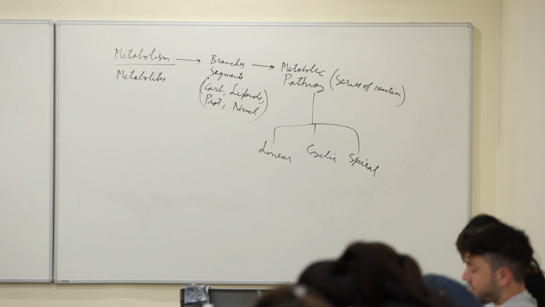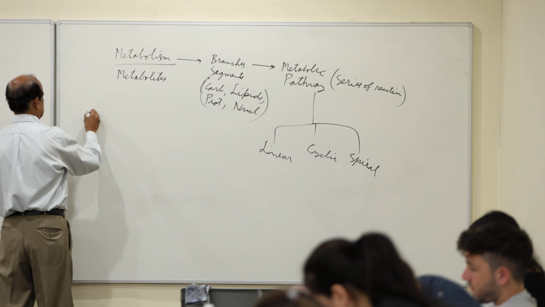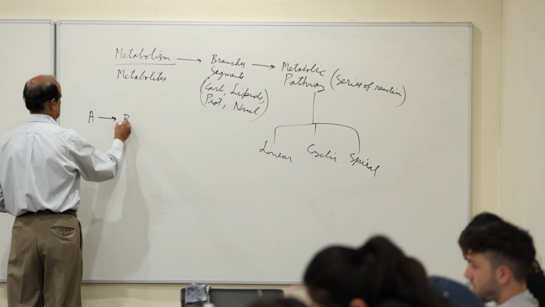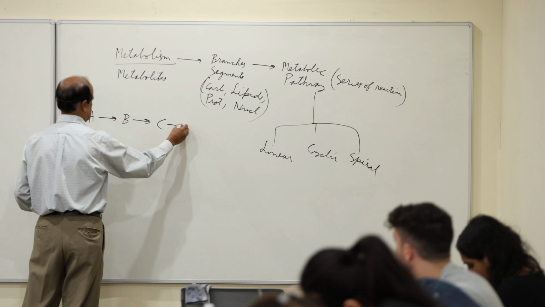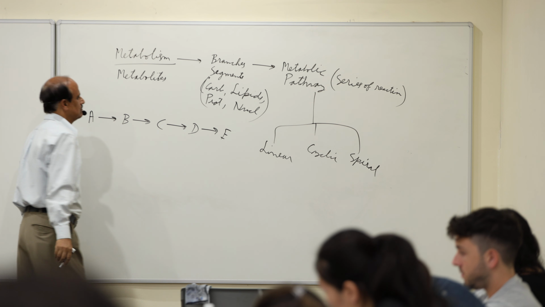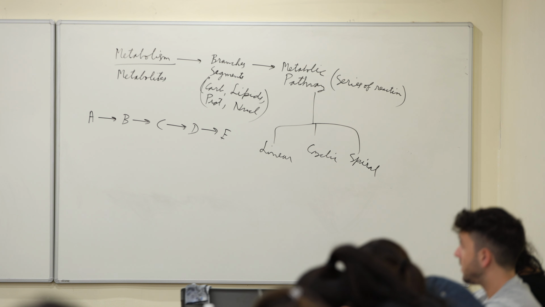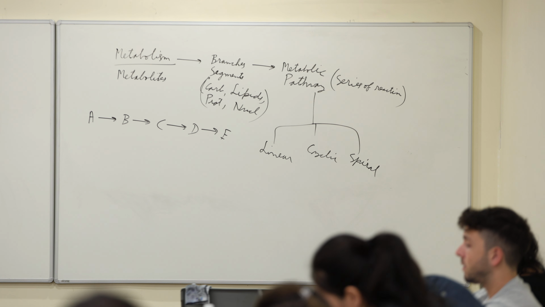So the linear pathway, as the name suggests, you start from some reactant A, then it converts to B, B converts to C, C converts to D, and D converts to E. And where do you stop? You stop where the book says you stop. Or for no reason, that's where it stops.